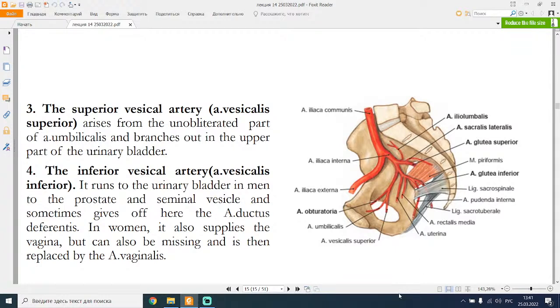In women, it also supplies the vagina, but can also be missing, and it is then replaced by the arteria vaginalis. And this is absent in the picture.